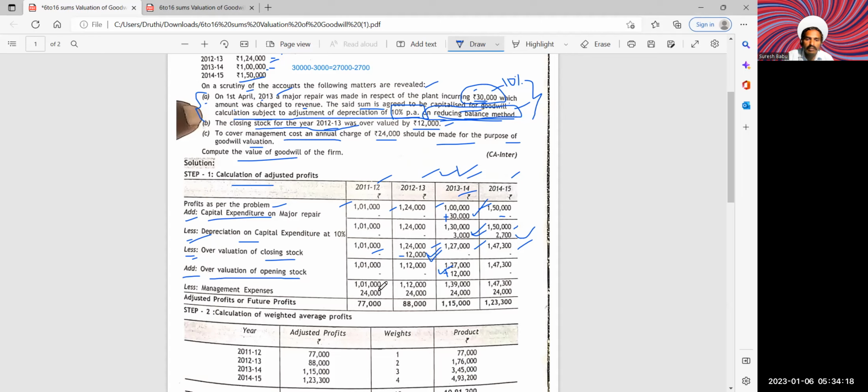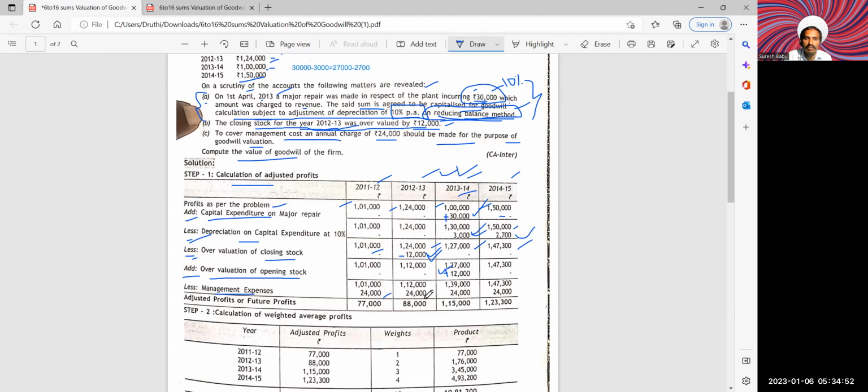Hence you get 1,01,000, 1,12,000, 1,39,000, 1,47,300. Please understand this. Overvaluation of closing stock in the respective year will be subtracted. For the next year, this closing stock becomes opening stock, so the overvaluation is added. Previous year subtract, next year add. This is the adjustment to be kept in your mind.